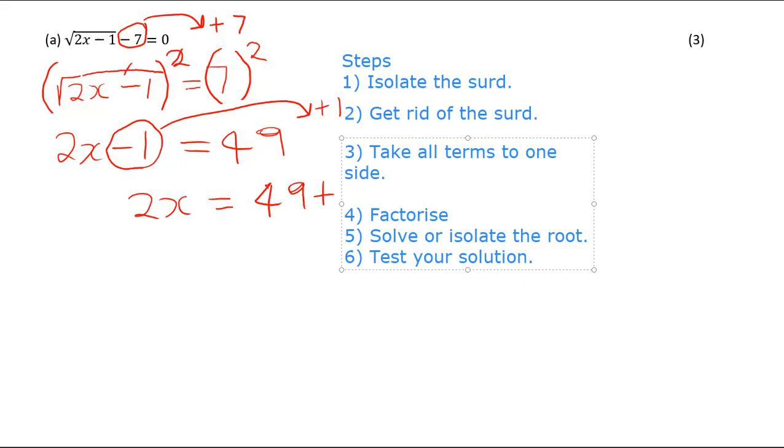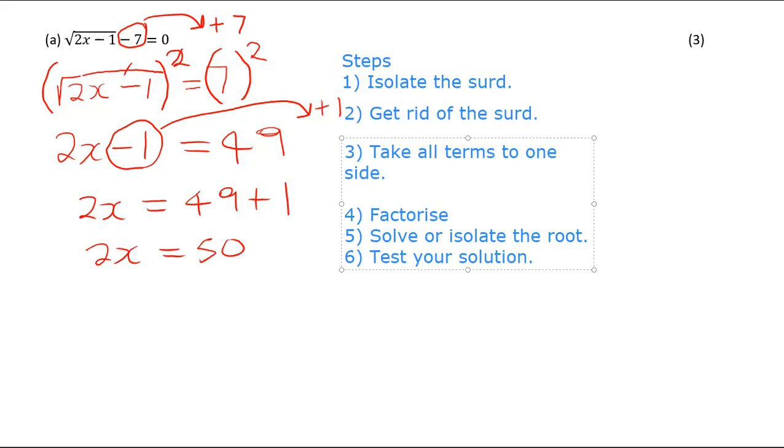Okay, you guys can't see it there. Let me just rewrite that. And I will have 2x is equal to 50. And then obviously that 2x is the same as 2 times x.